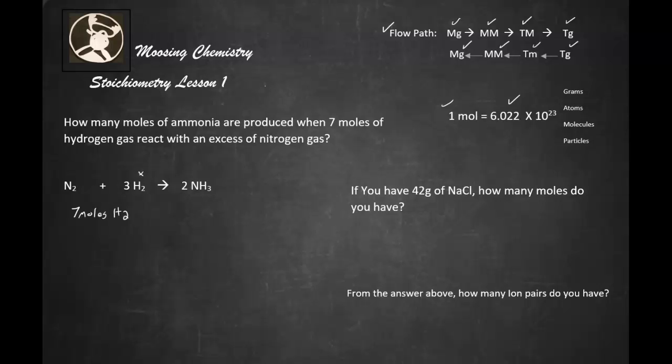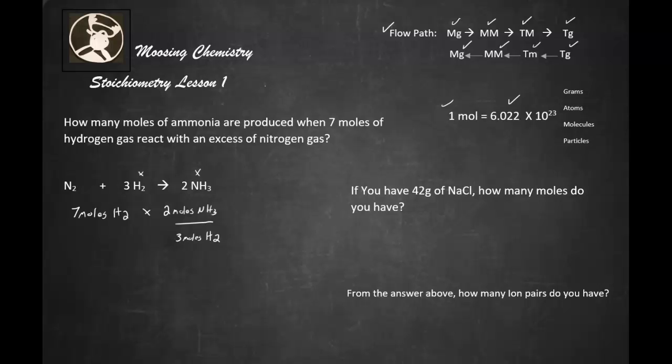So I'm going to use this one and compare it to this one. So I've got moles of hydrogen on top, so I'm going to put moles of ammonia on top now. So I'm going to write 2 moles of NH3 on top and 3 moles of H2 on the bottom.